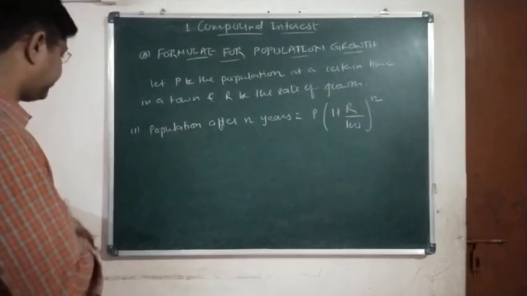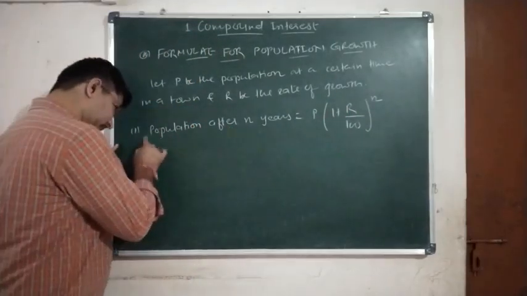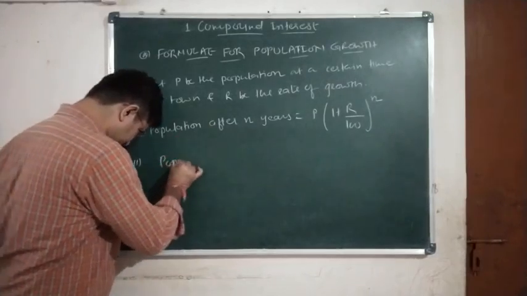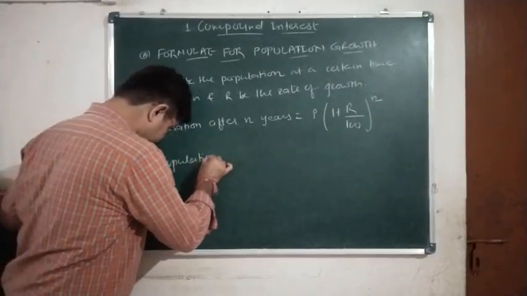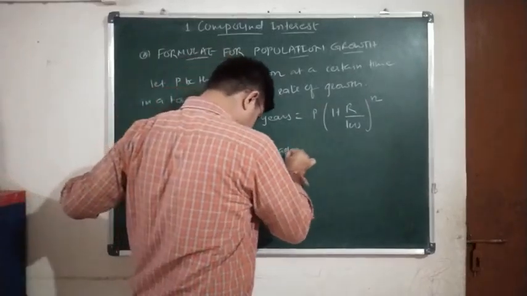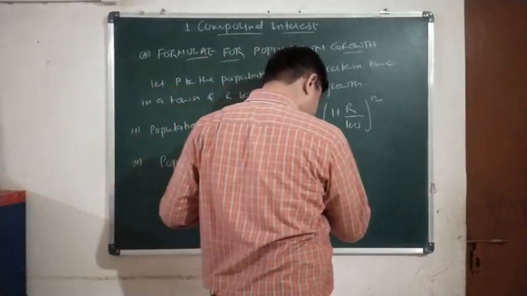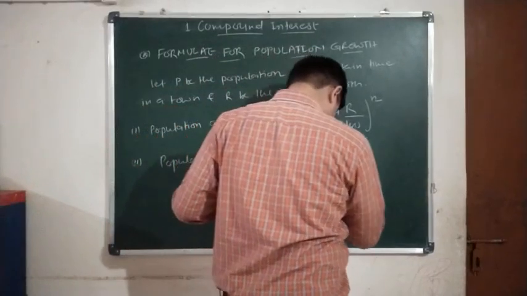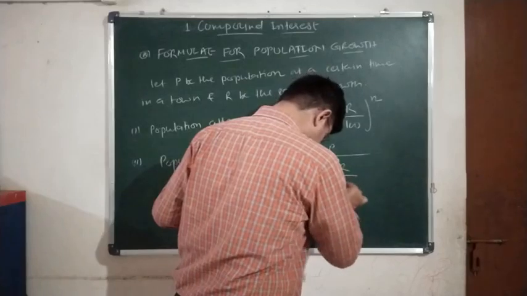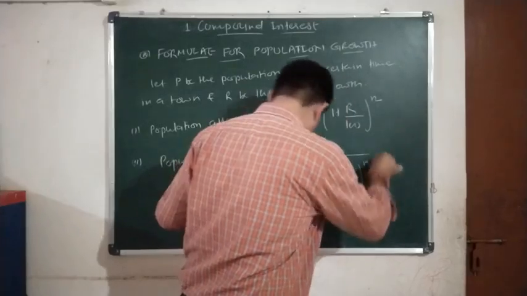Now, population n years ago is equal to P upon 1 plus R upon 100 raised to n.